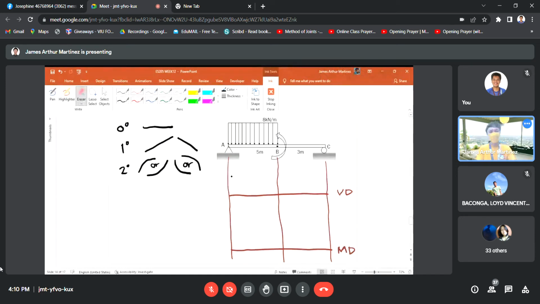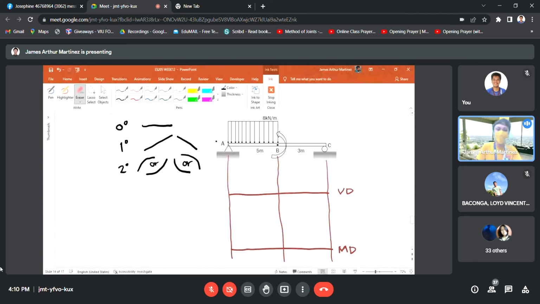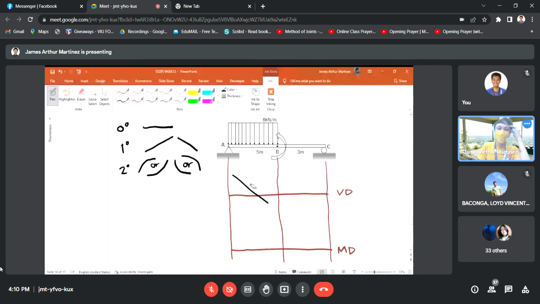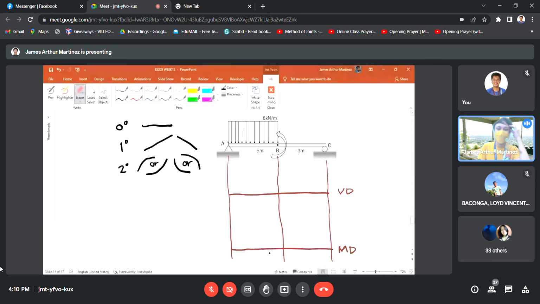Okay? So similarly, mao na ang buhaton diri class sa ato ang approach. So if sa ato ang loadings you have straight line or 0 degrees, then your shear diagram mag plus 1, and then for moment diagram plus 1 yapon ka. So meaning if a 0 degree ang imong loadings, then at shear diagram you'll have first degree, or ang imong graph ana is a sloping line. Then pag abot sa moment diagram for segment A to B, it will have a second degree, plus 1 na pod.